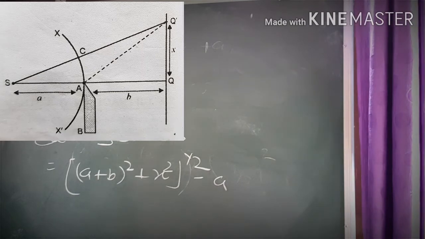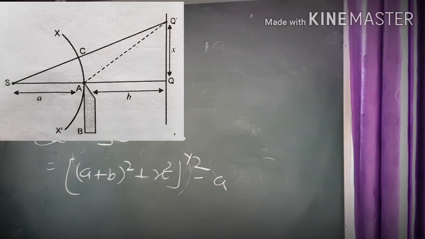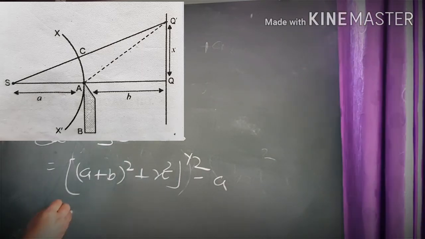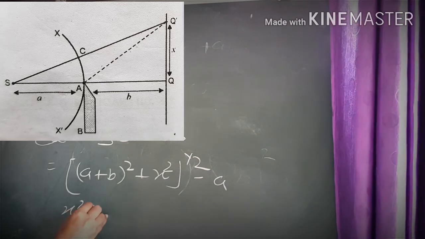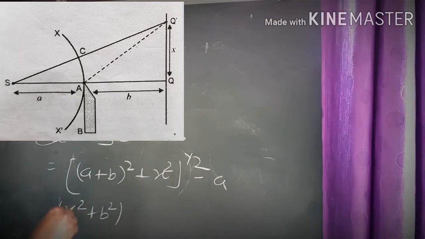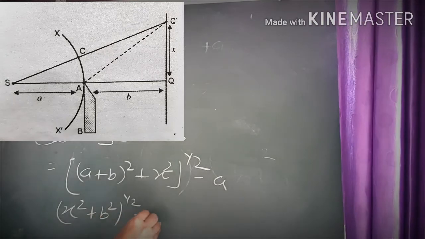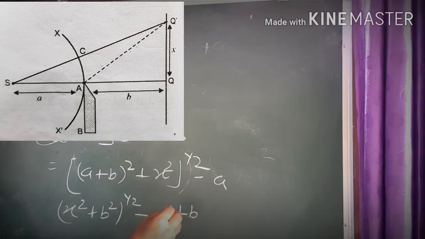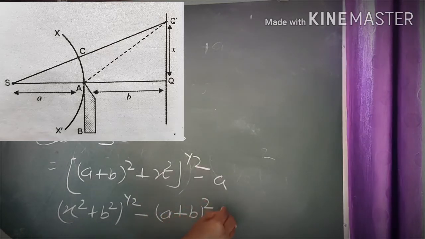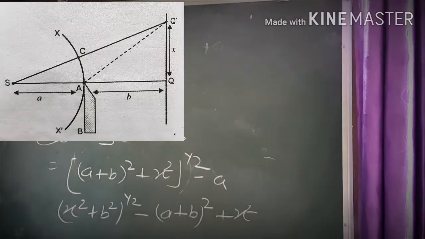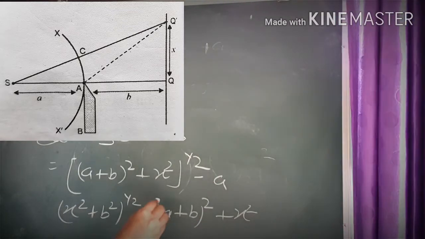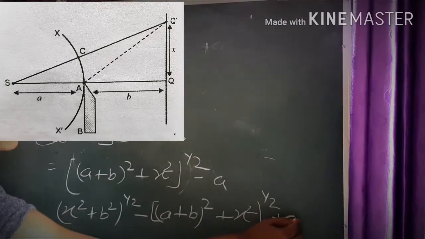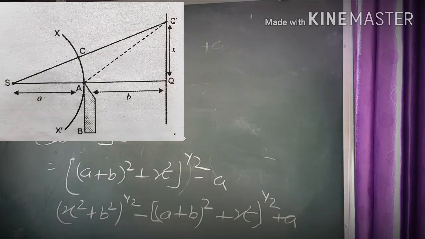Now putting the values of AQ dash and CQ dash in this equation, we have x square plus b square raised to power 1 by 2 minus a plus b whole square plus x square raised to power 1 by 2 plus a.